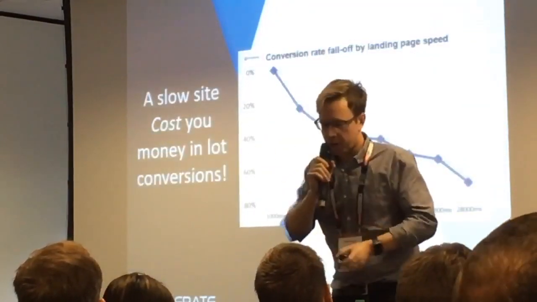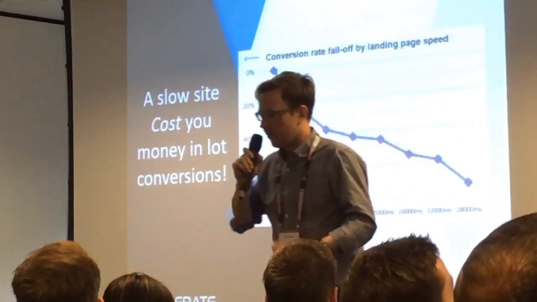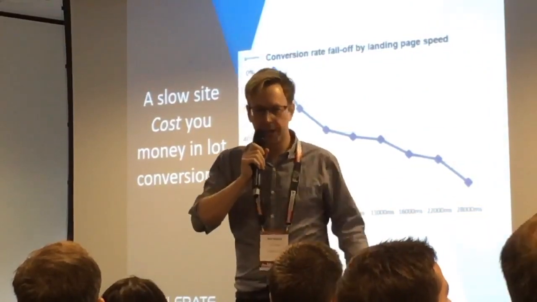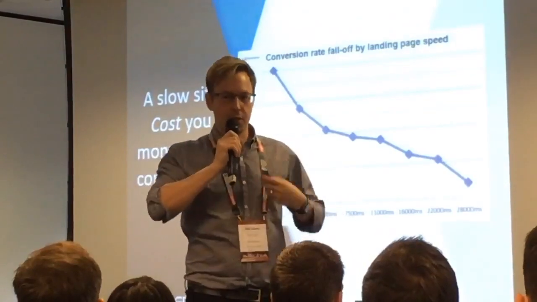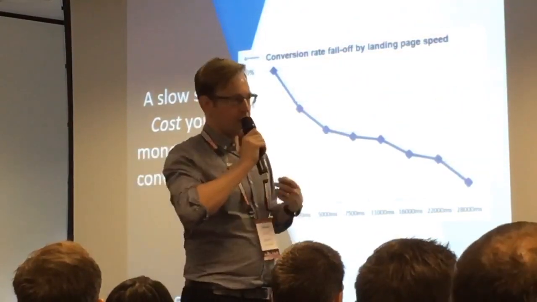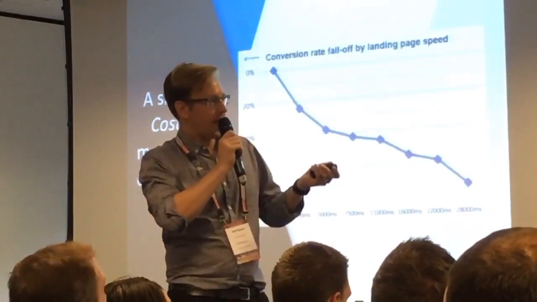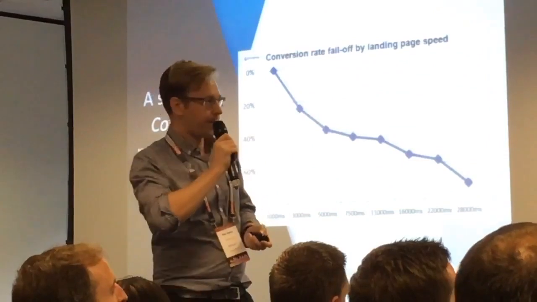Another obvious one: the number of conversions you're going to get and the amount of revenue and money you're going to make is correlated with the speed that the site loads, i.e. the faster it loads, the more money you're going to make and the more conversions you're going to get, because customers are impatient. On here you can see speed versus conversions. Unsurprisingly, faster is better.